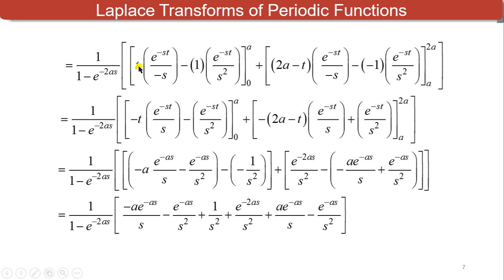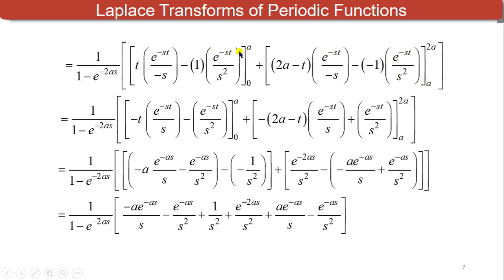Here u is t and v1 is what we have integrated; minus, differentiate u as 1, integrate again, e power minus st by s square, in the interval 0 to a. Again, the second integrand: 2a minus t into e power minus st divided by minus s, minus, differentiate it, it becomes minus 1, and integrate this again, e power minus st by s square, in the interval a to 2a.